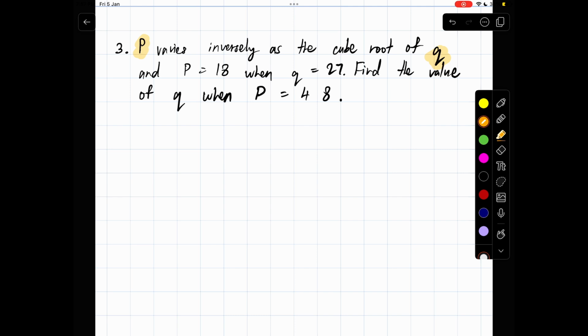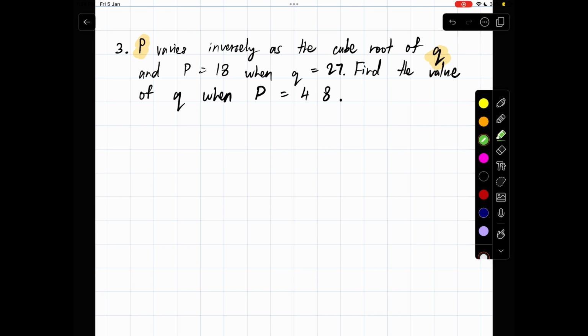Sometimes your examiners might be lenient and let you off the hook, but it's always much safer to state the requirement exactly the way they intend you to answer so that you will not face any problems. So P varies inversely as the cube root of Q.